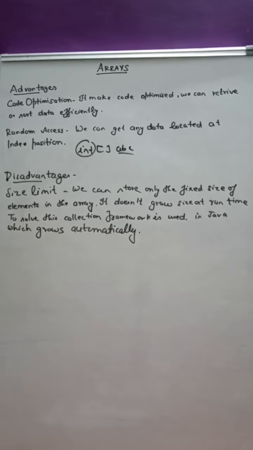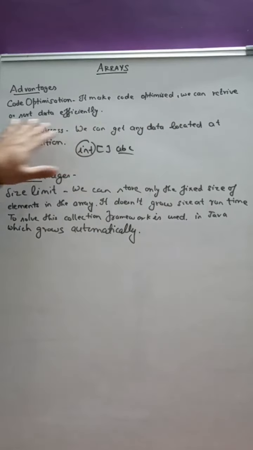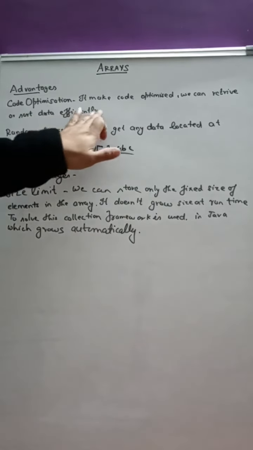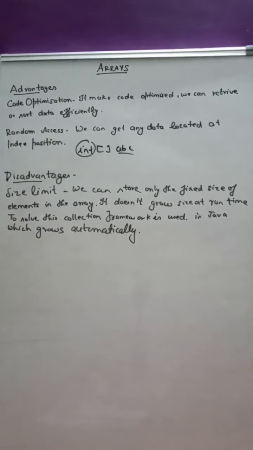Now the first advantage of using an array is code optimization, which says that it makes the code optimized and we can retrieve or sort data efficiently. This is because rather than using so many variables, we simply have an array name and, according to the index number, we store the values.